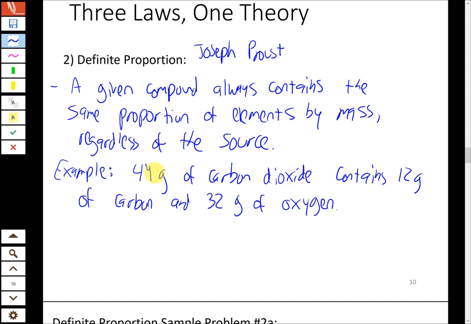But the way that we define things in a given compound is by what's called the mass percent. So mass percent is the mass of one of the elements in the compound, which I'll call element X, divided by the total mass of the compound.